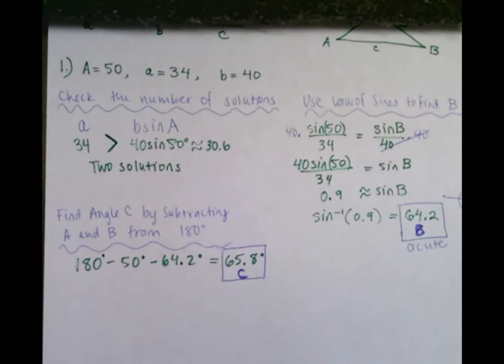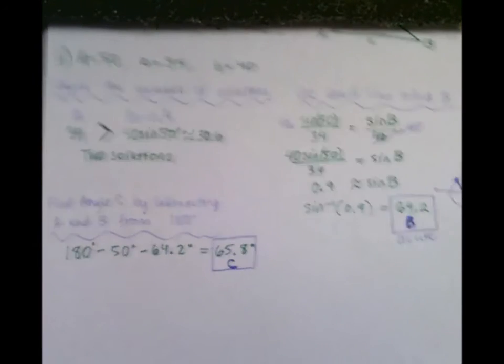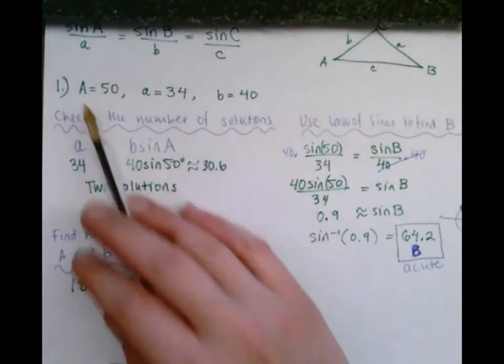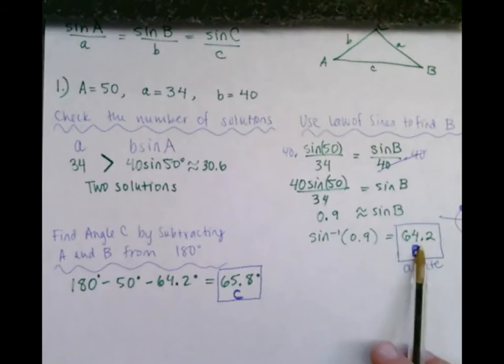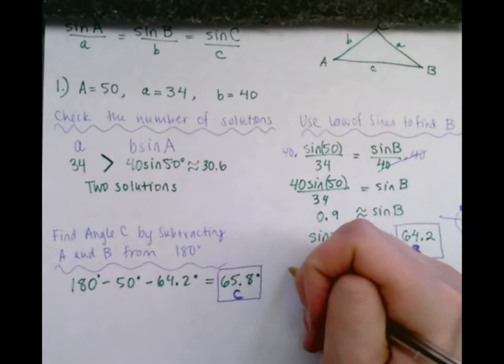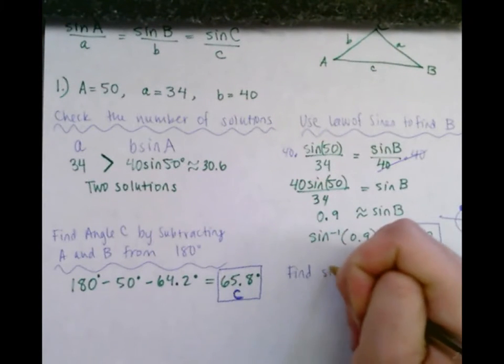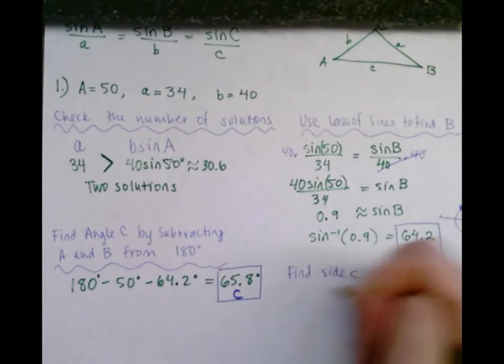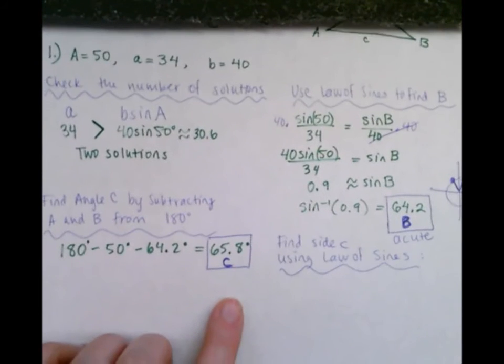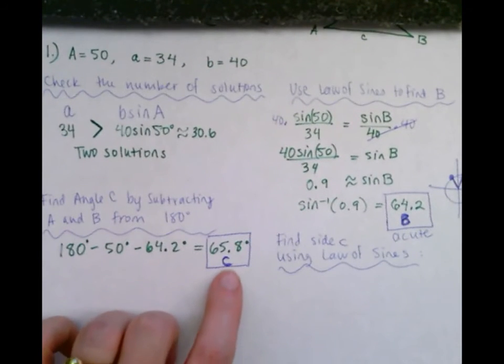Okay, so the last thing to do to finish solving this first triangle would be to find side C, little c, because we already have big A, little a, big B, little b. We found big C, now we need to find little c. So we're going to find side C using law of cosines again. Sorry, law of sines. I said cosine. So now the idea is I need to set up a ratio that has C in it.